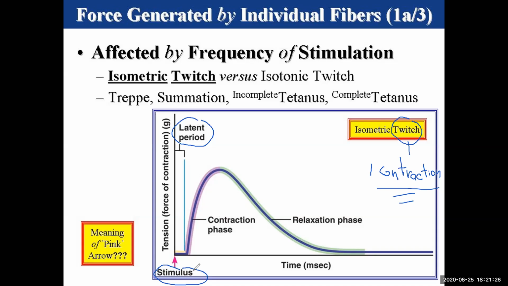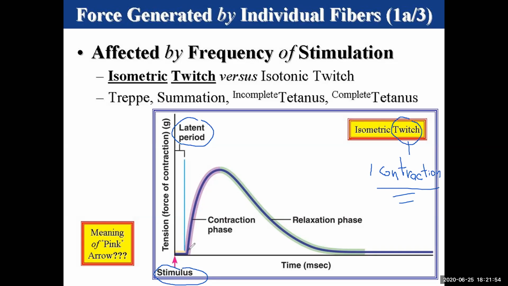It takes time to recruit, to activate the voltage-sensitive sodium channels to give birth to an action potential on the sarcolemma. And it takes some time for that action potential to spread throughout the entire skeletal muscle fiber. Because of that, there's a lag between the stimulus and the response, which is the contraction.